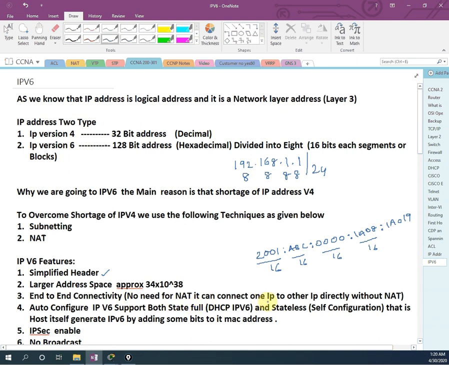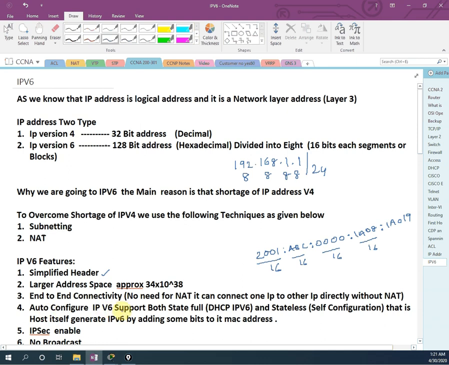One IP can connect to another IP directly without NAT, so you can access the internet without NAT if you are using IPv6 in the particular public range. I will show you that one. Let's have the introduction to IPv6.